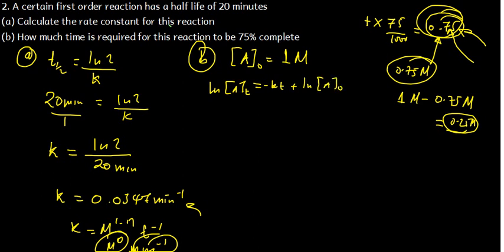So we are talking of the natural log of the concentration that is left, that is 0.25, and that is going to be equal to negative k, the rate constant we've already determined as 0.0347, times the time, which is what we want to find, plus natural log of the initial concentration, which we are taking as 1.